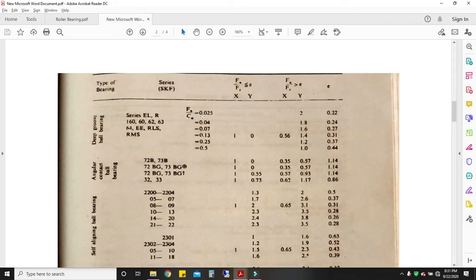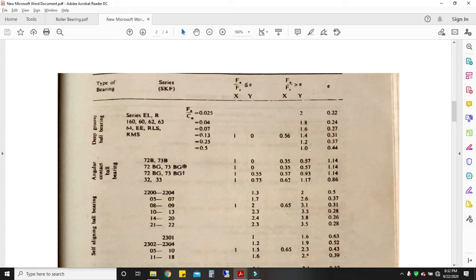For FA by C naught 0.025, the Y value will be 2. Similarly, we have the values of the Y factor, the axial load factor, for the other values of FA by C naught. Our value of FA by C naught lies in this area, and we have to find the corresponding value of Y. As I said earlier, our value lies between these two limits, so the value of Y lies between 1.2 and 1.0.